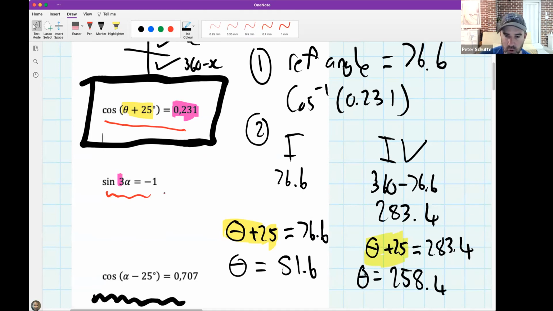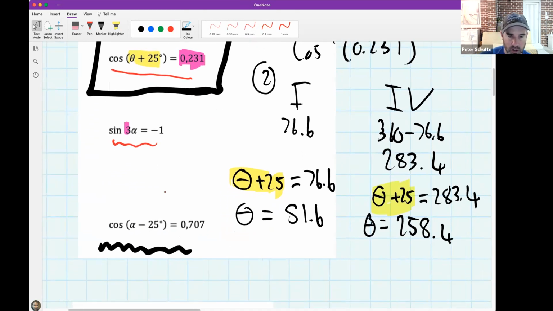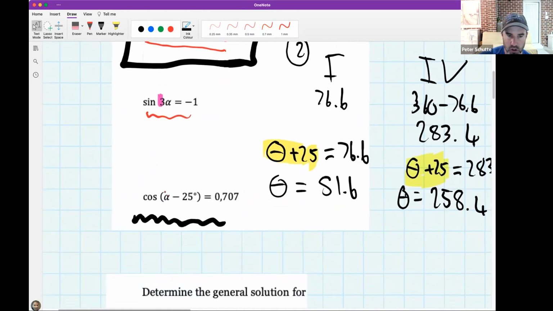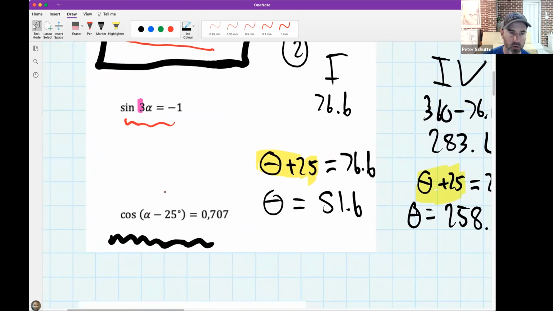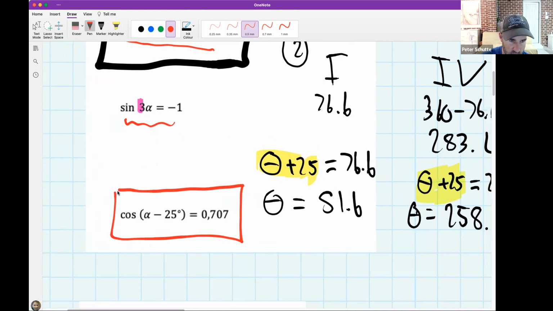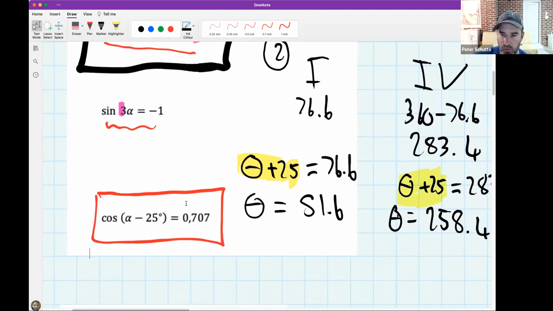Okay, I know that was quite quick, but I want you to attempt to do this one over here. Solve the equation cos of alpha minus 25 equals the given number. I want everyone to solve that, and then we can have a break. Then I think we've solved enough trig equations.